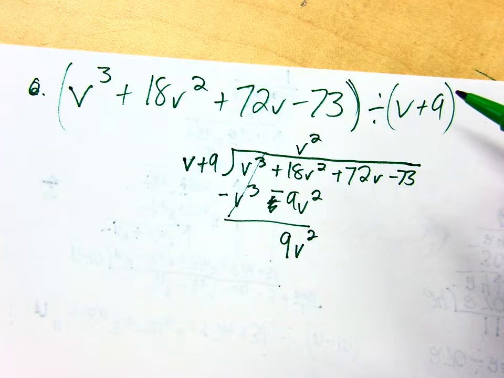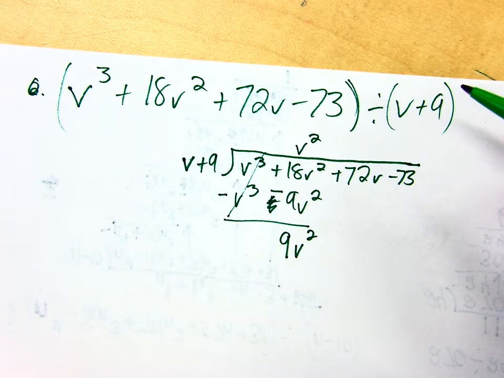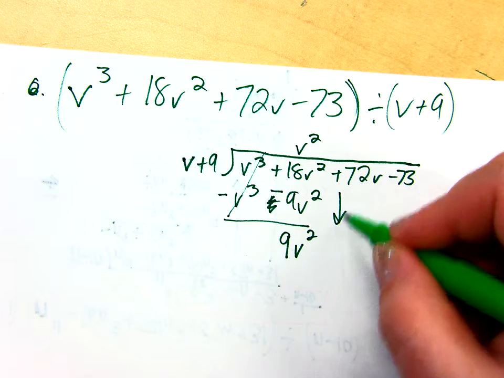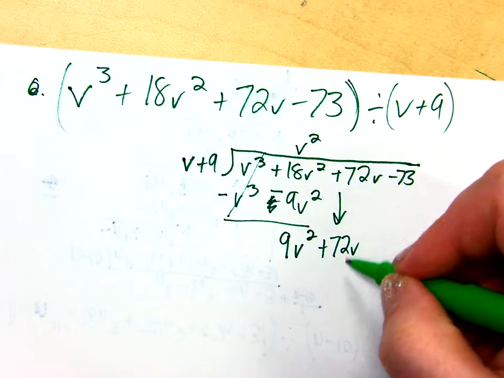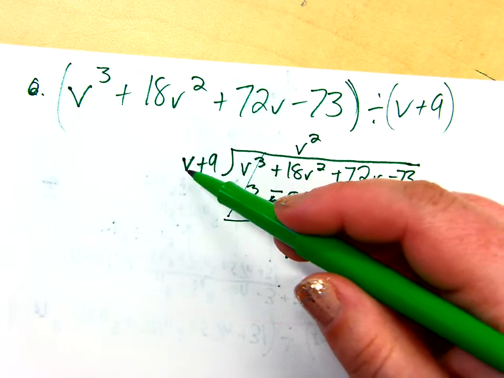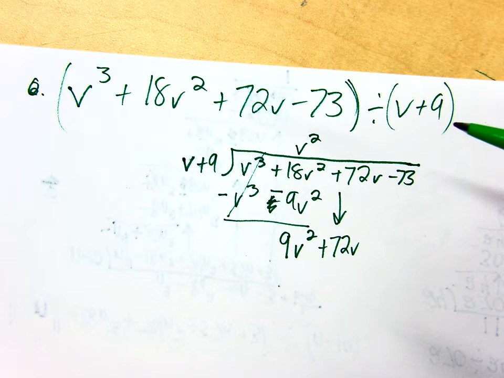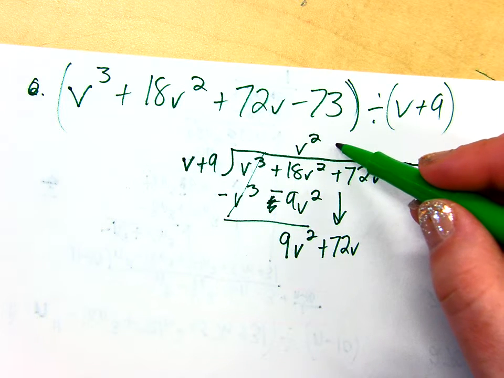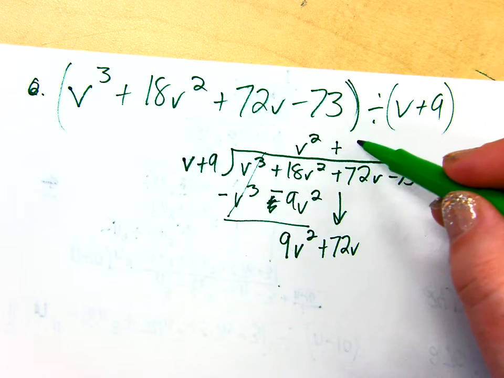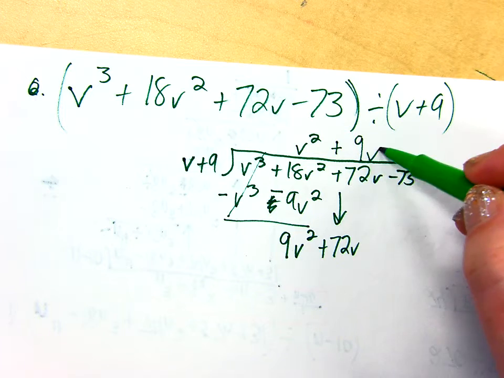Does everybody have the same first step as I do? Yes. Okay, so then I continue with the next step, and bring down the next term. What would I multiply b by to get 9b squared? A positive what? 9b.